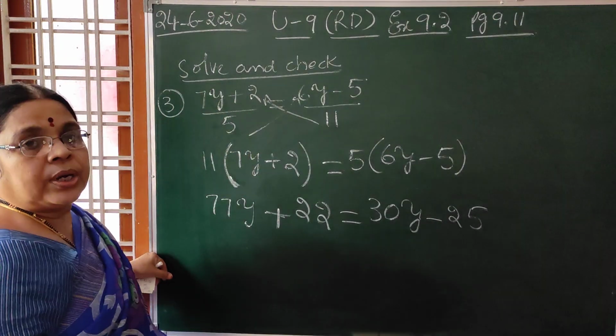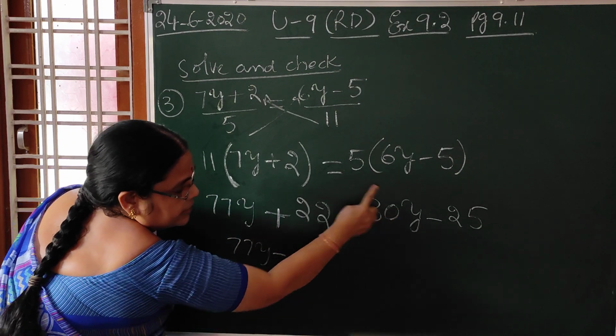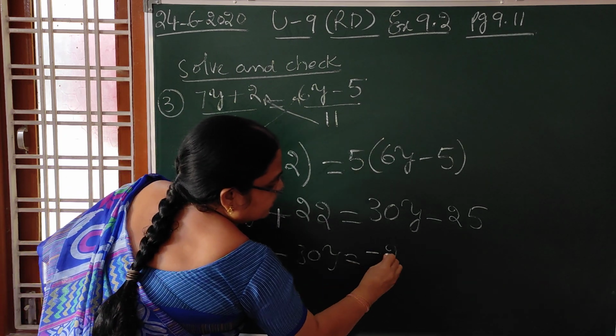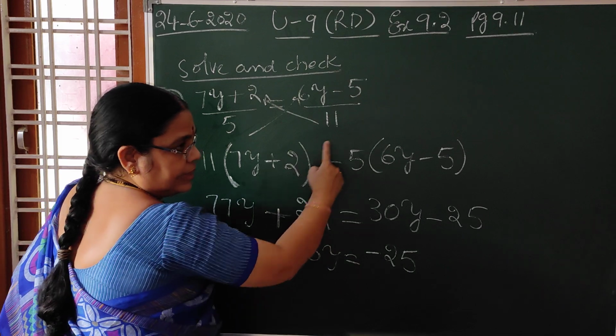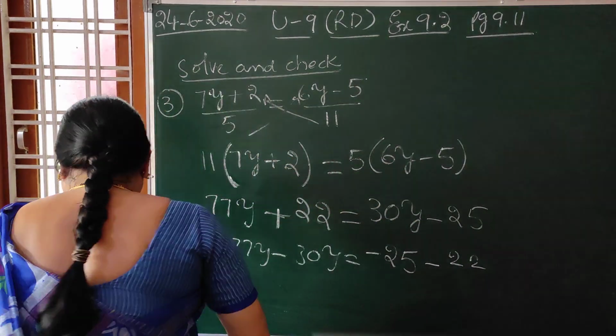Now in normal form, you transpose. 77y minus 30y is equal to minus 25. You have in RHS, keep as it is, and from LHS plus 22 is coming, it becomes minus 22.